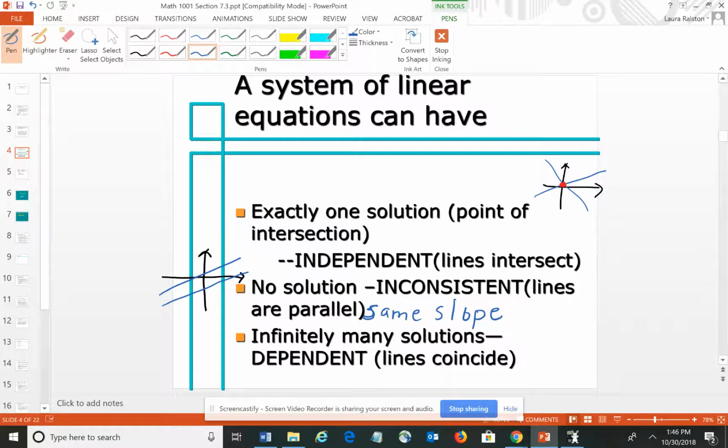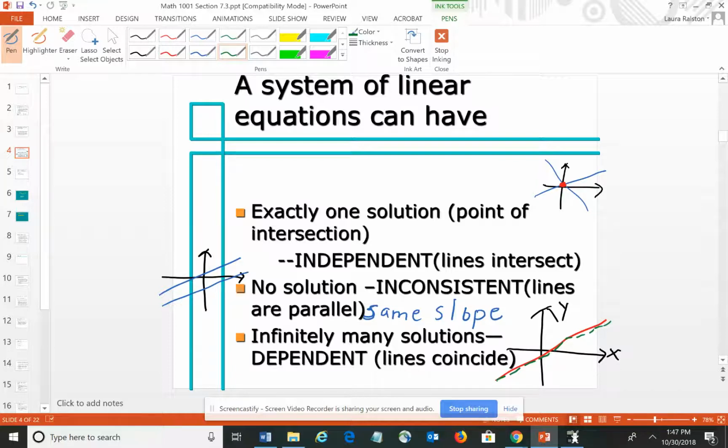And then finally, the last option is that you have infinitely many solutions. And in this scenario, you would have a graph where you think there's only one line, because you would have the graph of the first equation, and then when you graph the second equation, what you find is it's actually the same line and it's on top of the line.